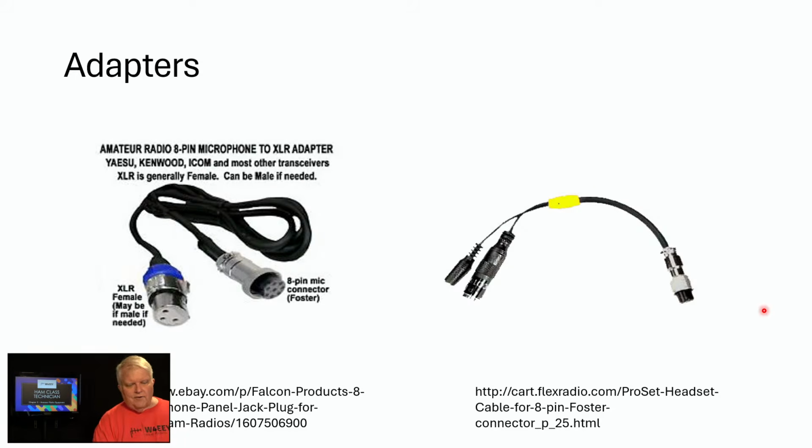Heil Radio has a whole line of 8-pin Foster adapters to go to just a microphone input and a push-to-talk input on sub-miniature and quarter-inch jacks. It's a whole thing. Find a friend who's an electronics technician, and they can help you get your system up and running. You get your microphone plugged into your radio and you're ready to go.